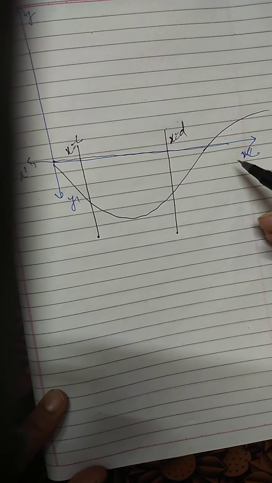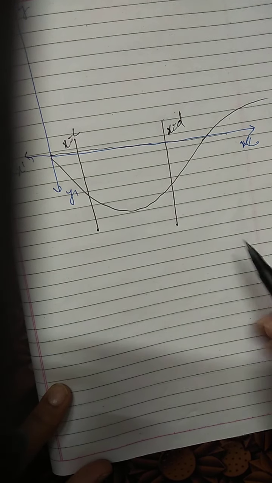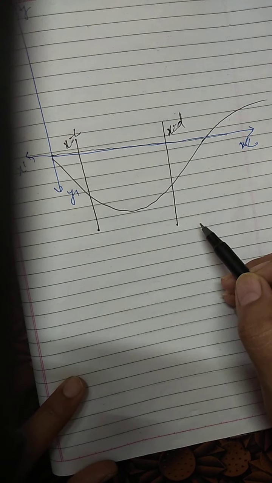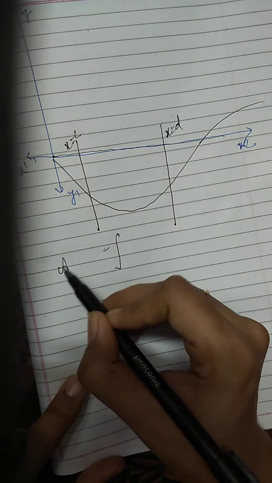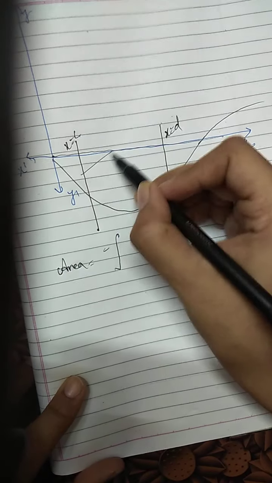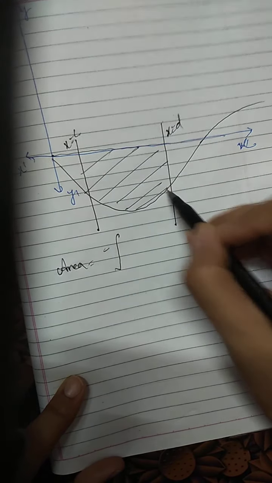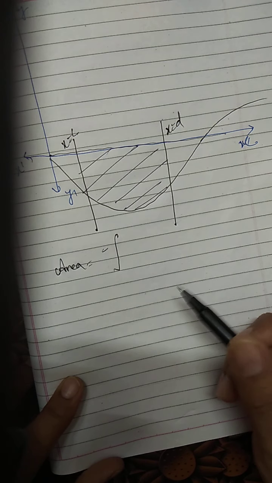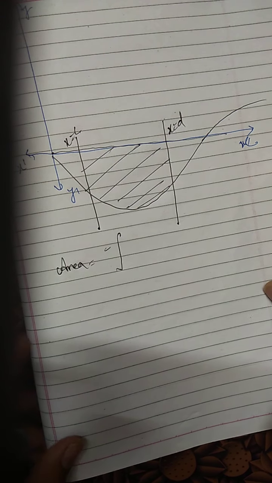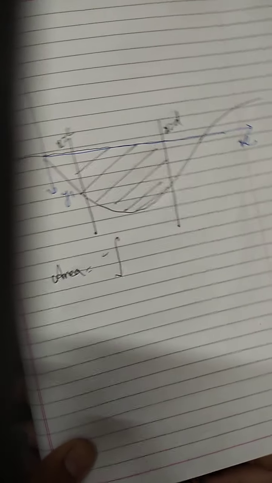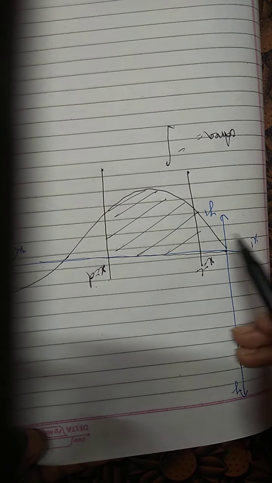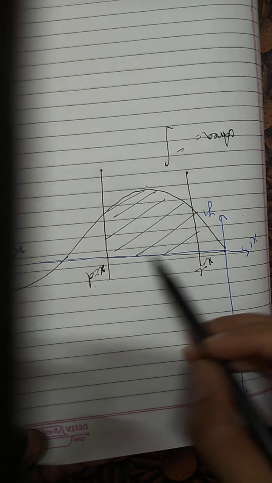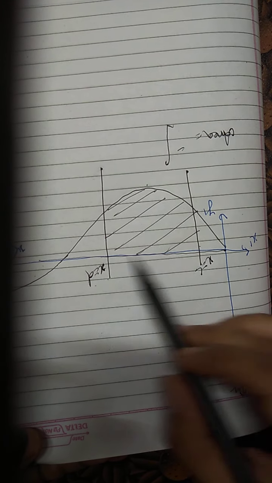Since the curve is below, the function will definitely take negative values. The area bounded between these two lines and the curve is nothing else; if I just rotate my page like this, the area is bounded by the curve and the lines, and it is bounded by the x-axis also.